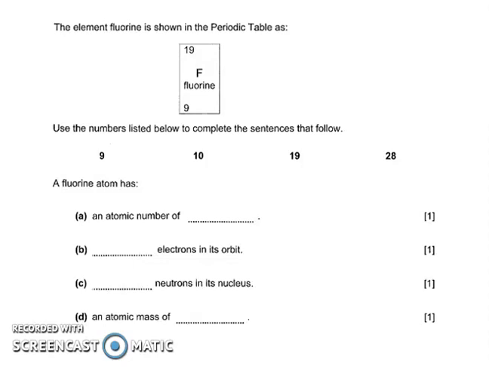So now let's look into the symbols displayed here and answer the following questions. Here the symbols are displayed in a different manner, and what we need to do is use the numbers listed below to complete the sentences that follow. So we know 19 and 9.